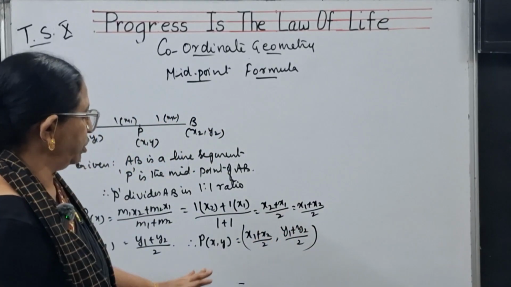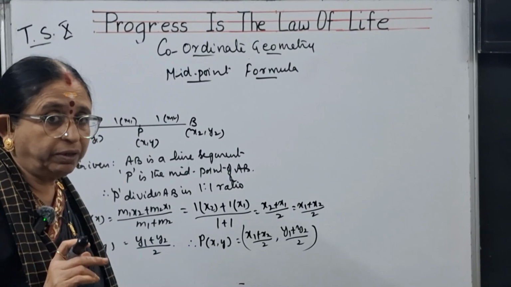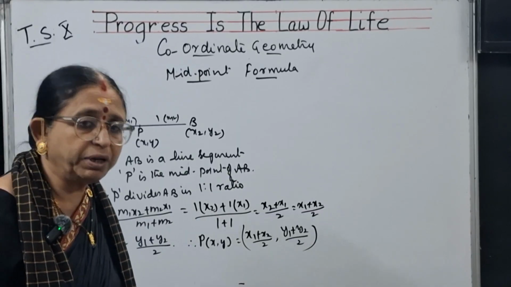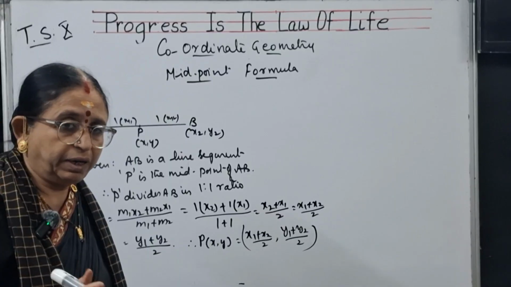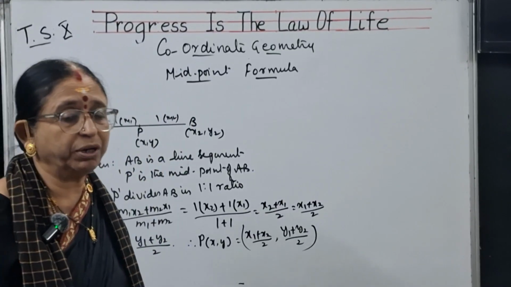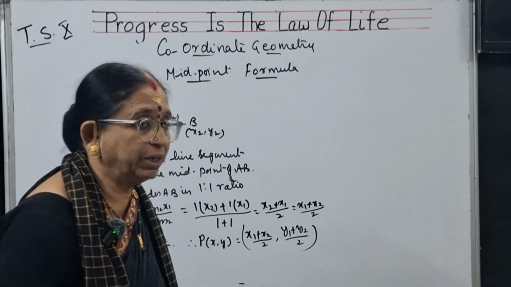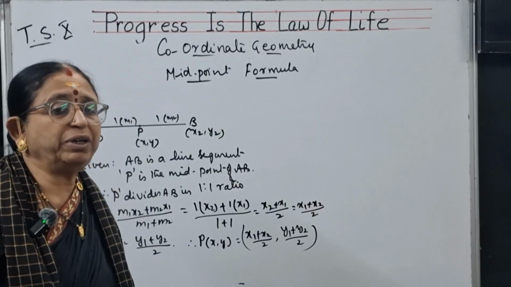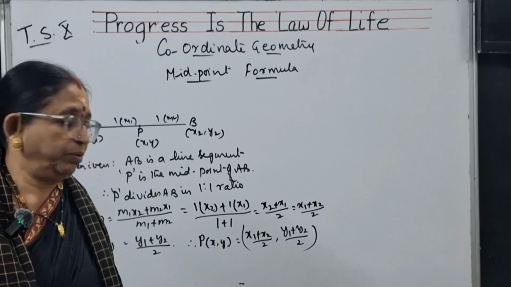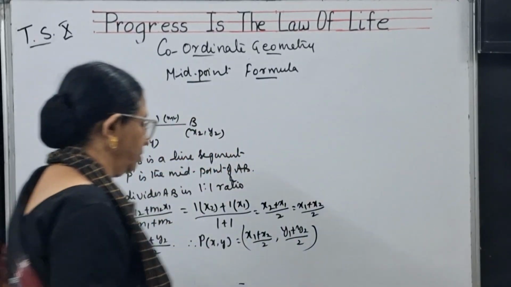So this is the midpoint formula, children. When a point divides in m1 is to m2 ratio, m1 x2 plus m2 x1 by m1 plus m2 and m1 y2 plus m2 y1 by m1 plus m2 is the section formula, which gives you the x coordinate and y coordinate of P. If that point P is the midpoint, the formula is x1 plus x2 by 2, y1 plus y2 by 2. This formula you should remember, children. Please note it down.